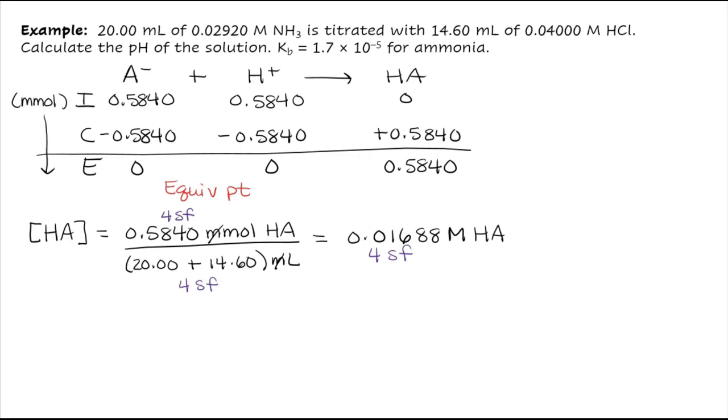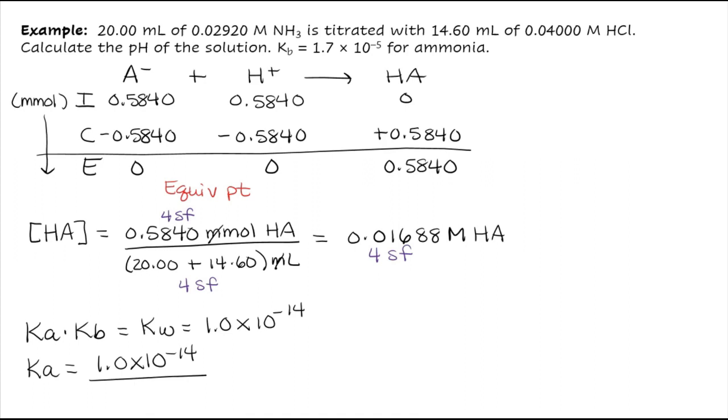The other calculation we need is to get Ka. We're given Kb in the problem. As a reminder, Ka times Kb equals Kw, which is 1.0 times 10 to the negative 14. Rearranging this equation to solve for Ka, Ka equals 1.0 times 10 to the negative 14 divided by Kb.